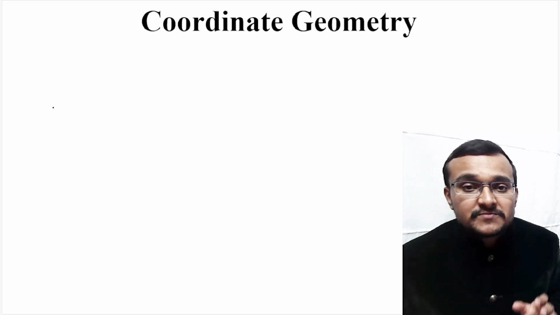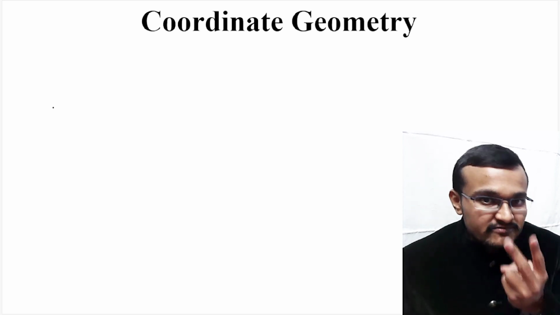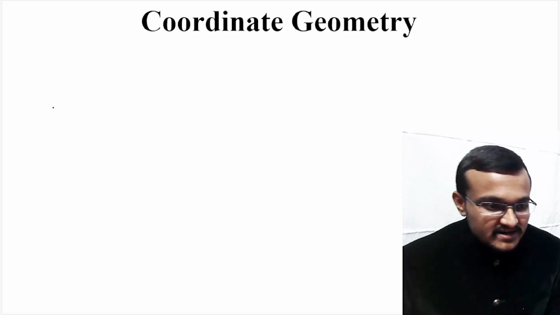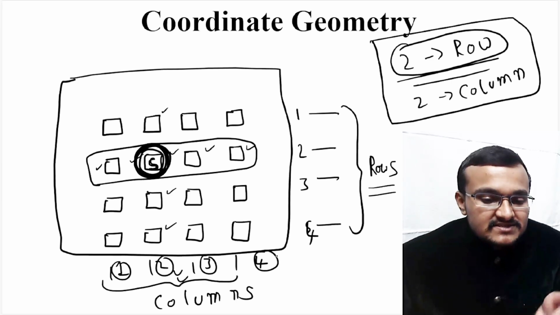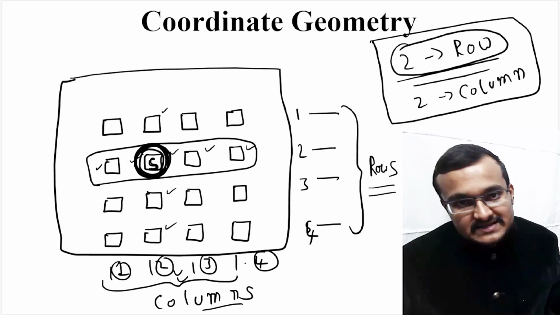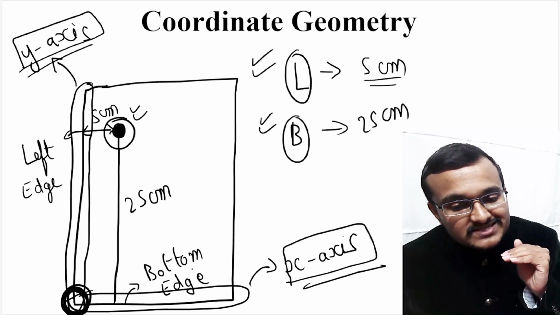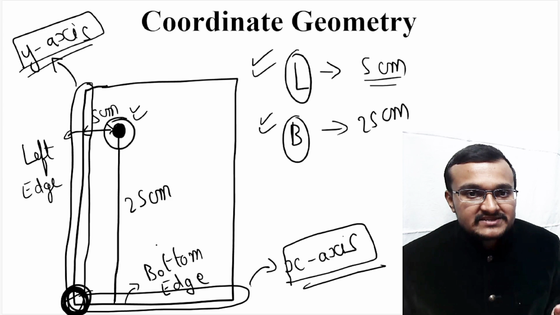If you want to find a particular position on a two-dimensional surface, you need two different pieces of information with respect to two different axes. Here, rows can be known as the y-axis and columns as the x-axis. In the previous case, the bottom edge of the A4 sheet can be known as the x-axis and the left edge of the paper as the y-axis.